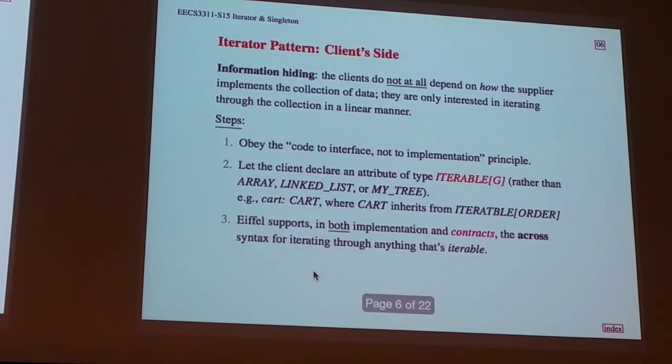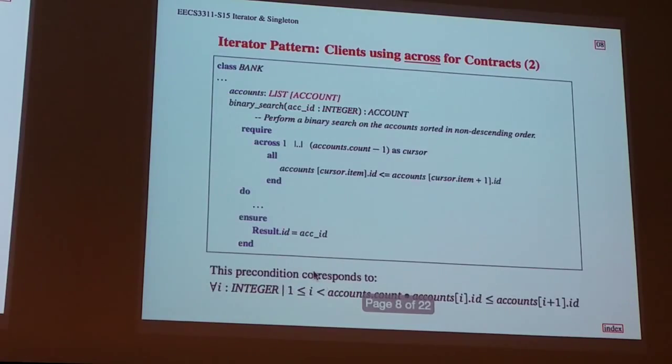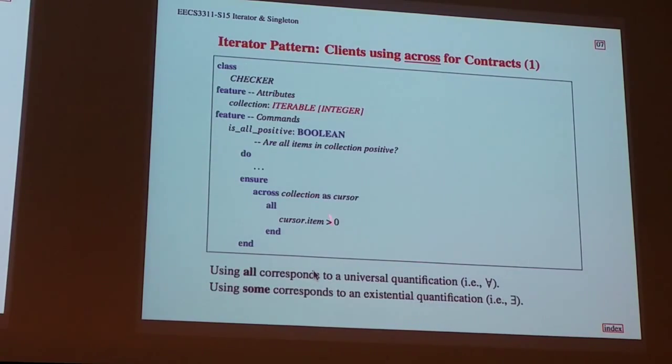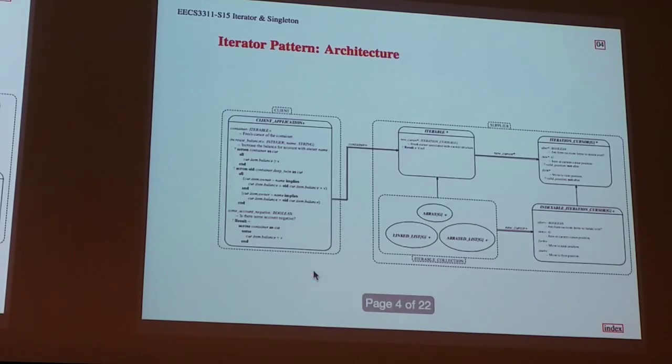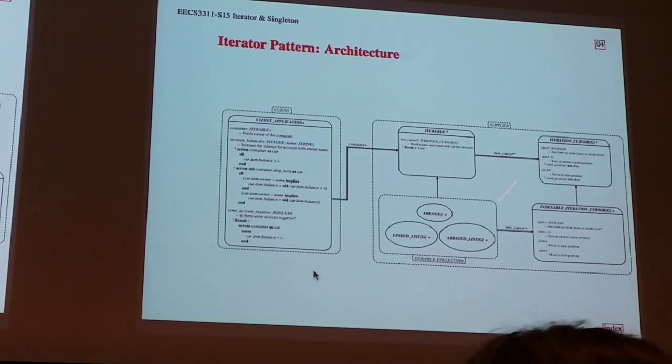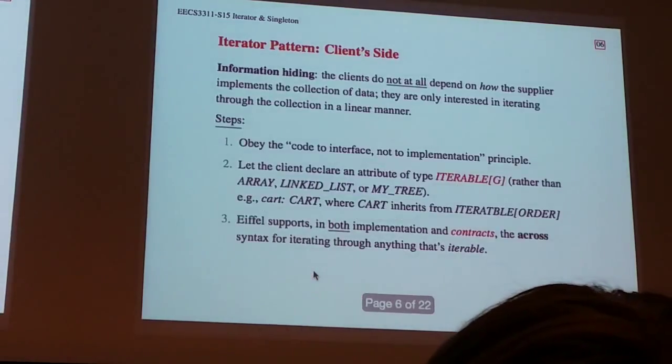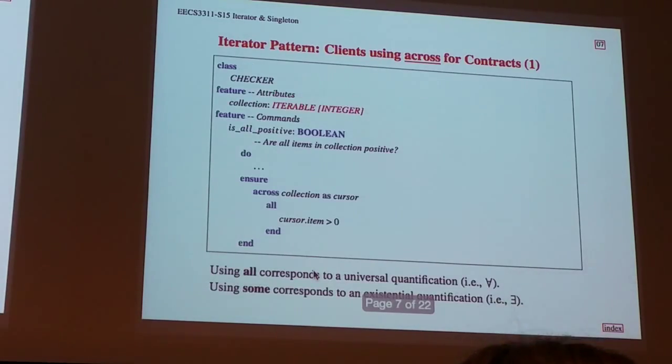Under the hood, it's going to call collection.new_cursor, which is defined by the architecture here, and then assign that new cursor to this cursor here.